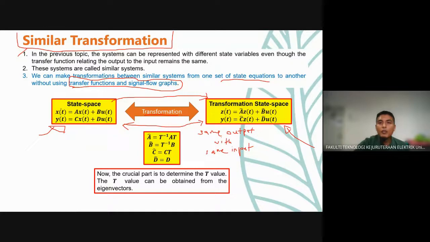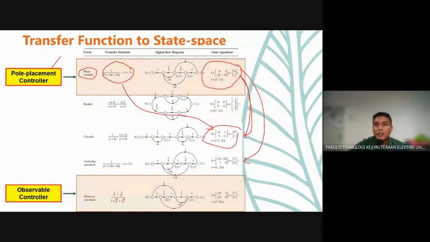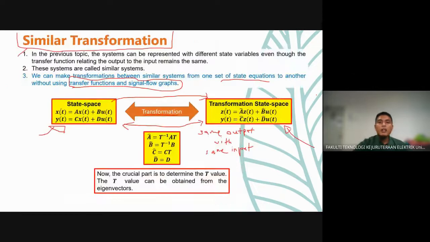Okay, so let's say if you run this system using Simulink, you will get the same graph output. It's not different at all. Only the form is different. Okay, so to convert from state space to transformed state space, you can see that X normally in the textbook you use this symbol.